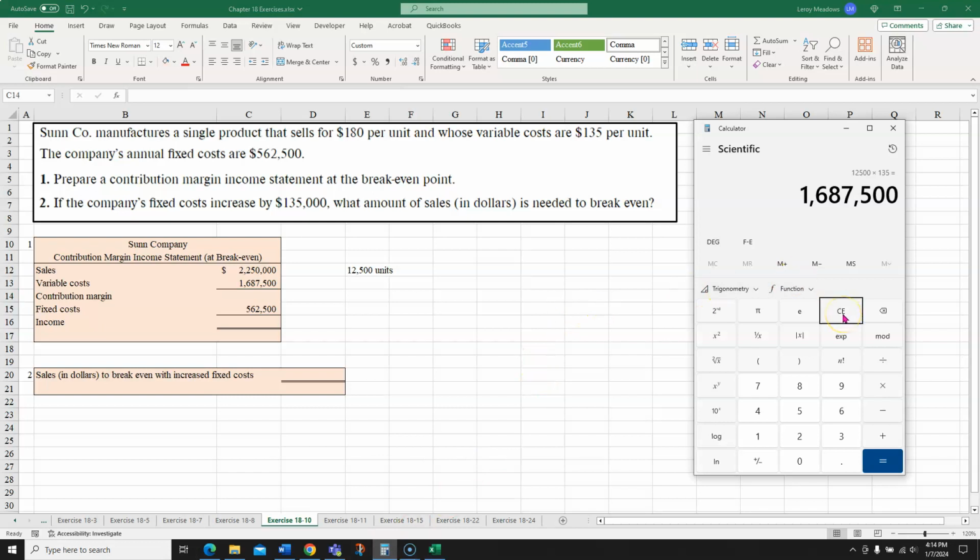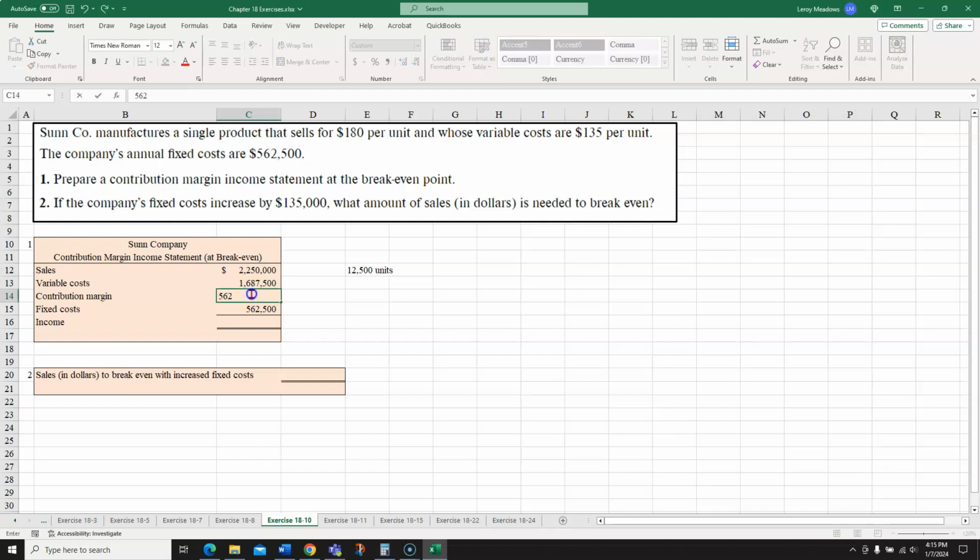Now, when I subtract my variable costs from my sales, that'll leave me with contribution margin. So let me go ahead and take my sales, $2,250,000, minus my $1,687,500. And that'll leave me with contribution margin of $562,500.